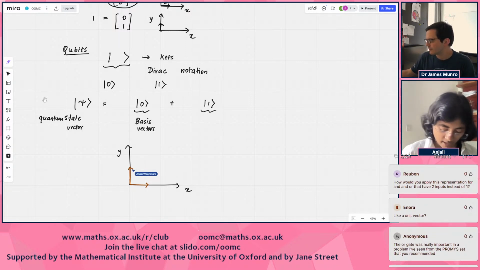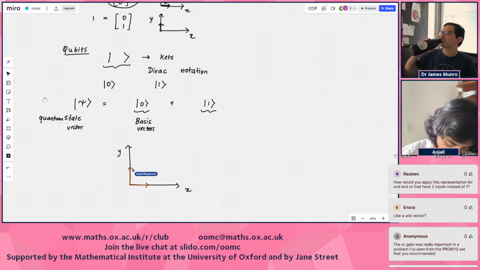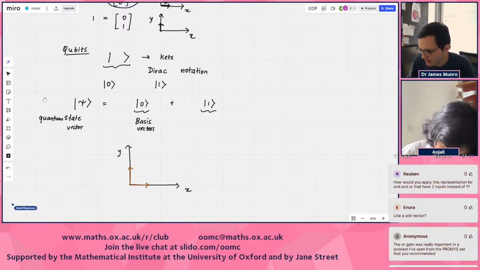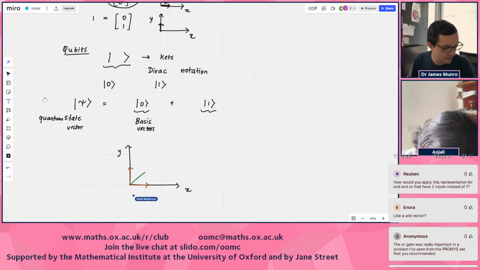What we are saying is that in the quantum case, you could possibly have something that is a combination of these two.